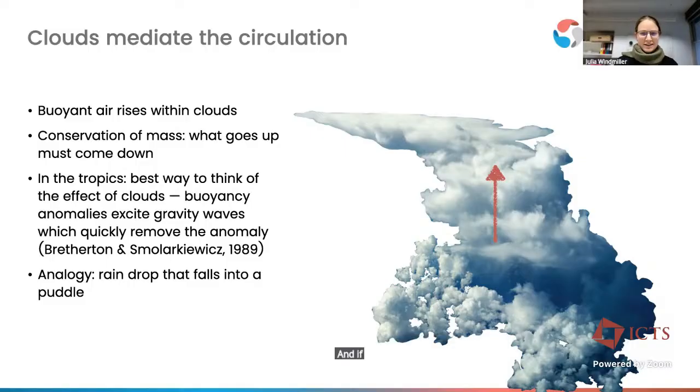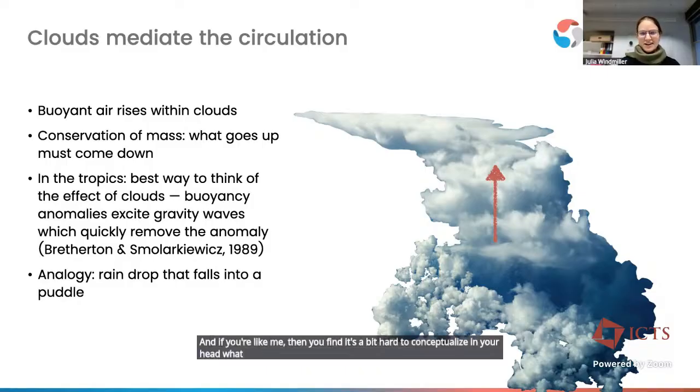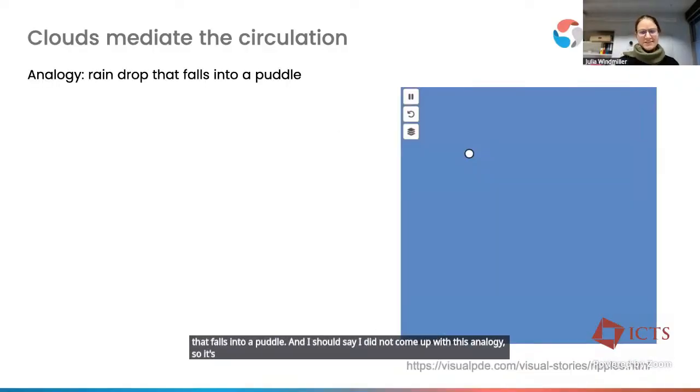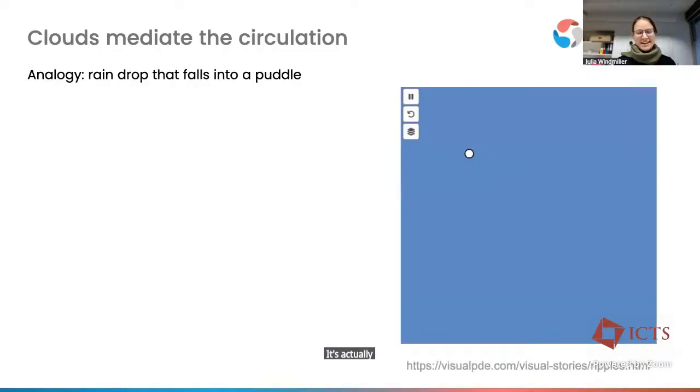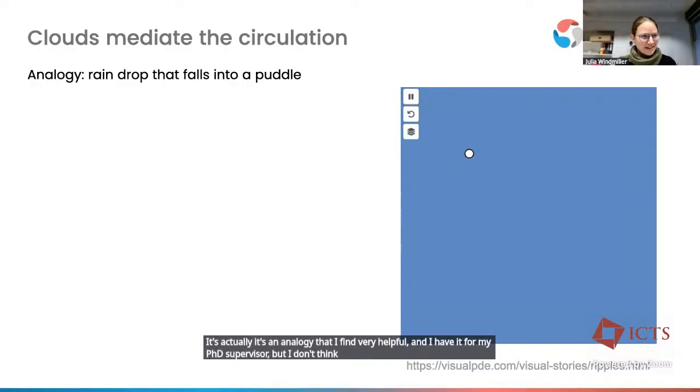If you're like me, you find it's a bit hard to conceptualize in your head what that exactly means. And I always like to think of it as a raindrop that falls into a puddle. I should say I did not come up with this analogy. It's an analogy that I find very helpful, and I have it from my PhD supervisor, but I don't think he came up with it either.